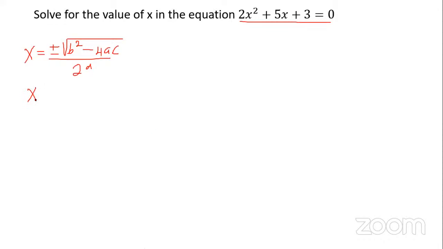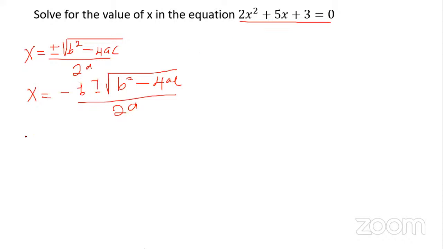So you only forgot one thing. We are supposed to have negative b first, then plus or minus root of b squared minus 4ac, divided by 2a. So it is only the negative b that you were missing.